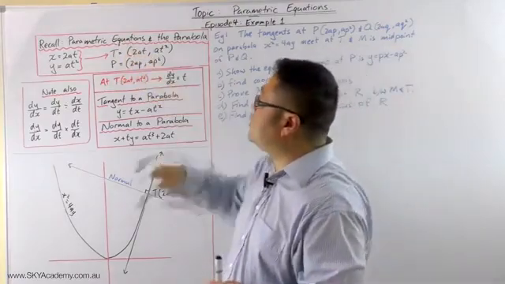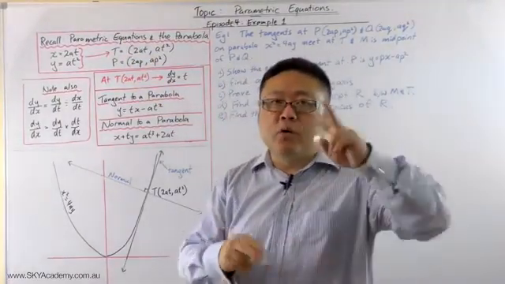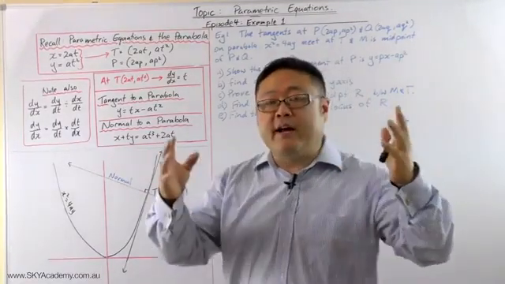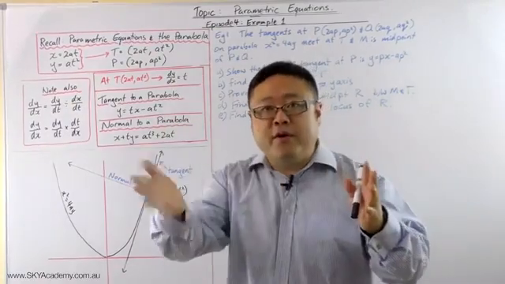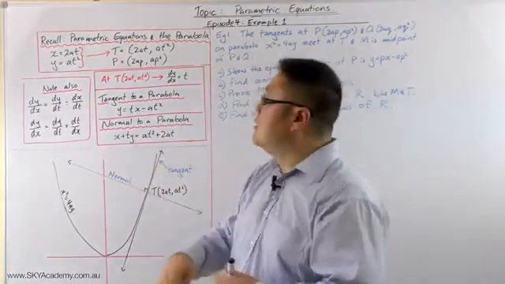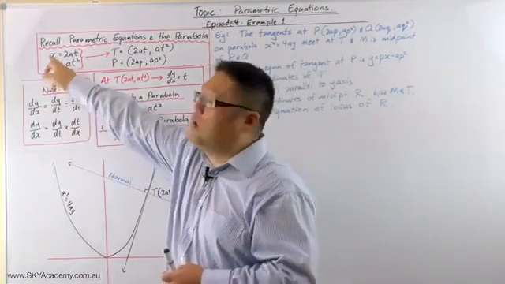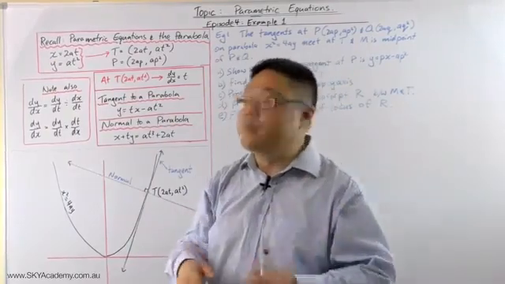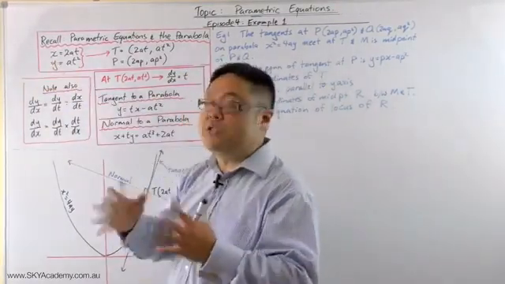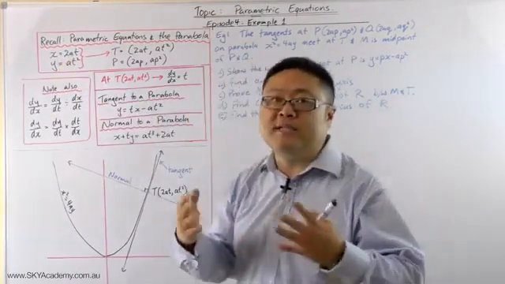We recall that parametric equations can be expressed as two equations where you've got two variables that are related to a third variable, an in-between variable. For example, on a parabola, you've got x and y, which are your two variables that make up the parabola, and they're expressed as two separate equations, both related to a third variable, which is t.